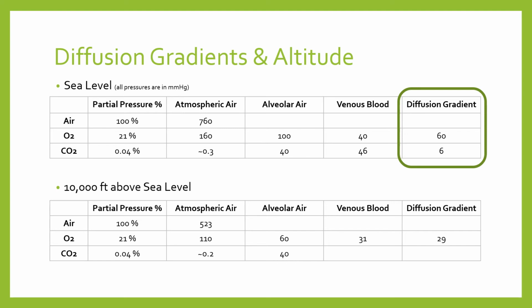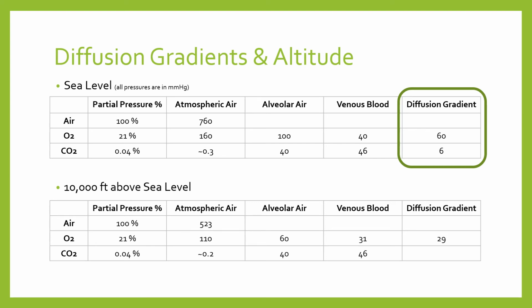So up at 10,000 feet the diffusion gradient comes right down, and therefore the body has to work harder to get sufficient oxygen in because it's not flowing in as fast.